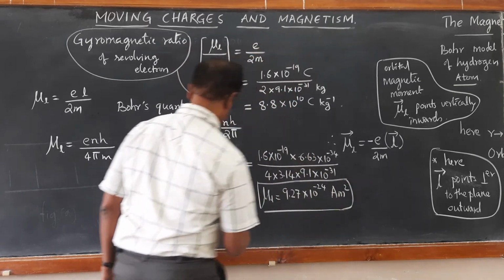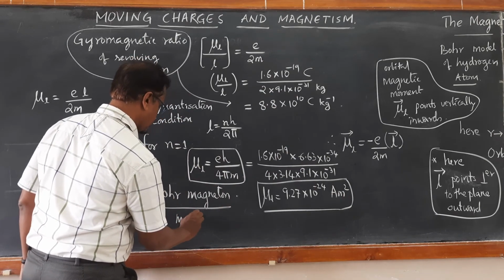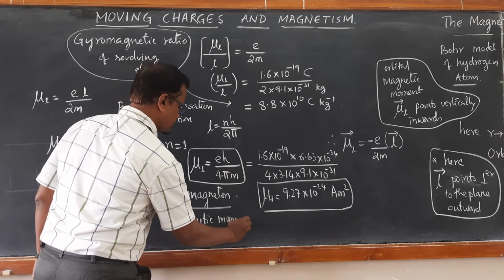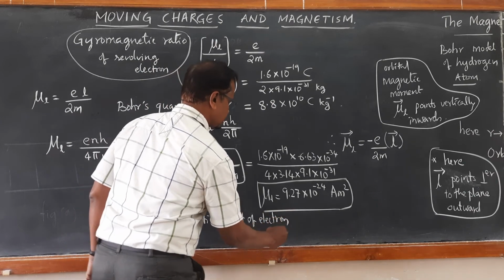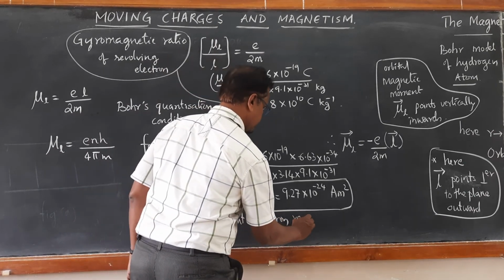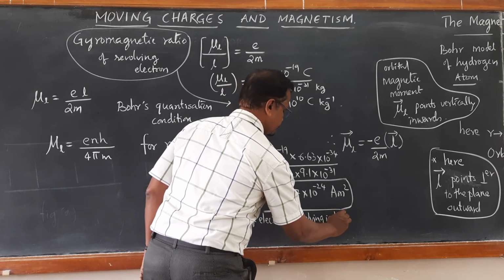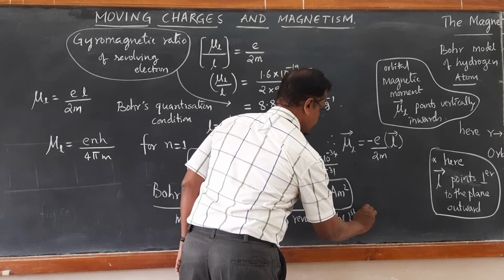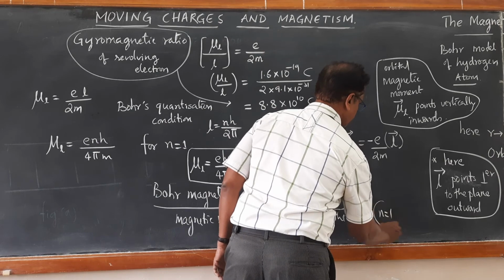So, this is the Bohr magneton. How do you define the Bohr magneton? It is the magnetic moment of the electron revolving in the first orbit, which is called the ground state, for which n is equal to 1.